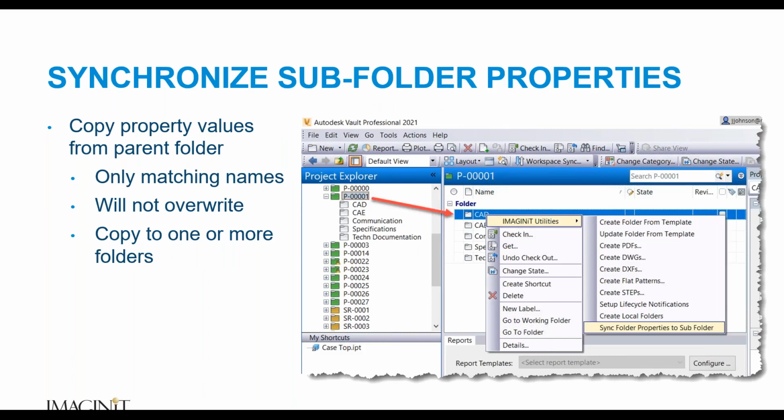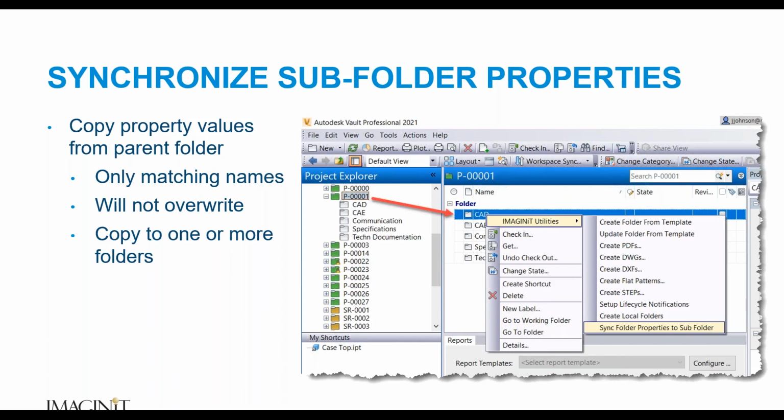Next we have synchronized subfolder properties. If we have a top level folder that we have filled in properties for on a specific project, things like project number, client, location, those property values can be synchronized or extracted and pulled into subfolders. We can do that for a single folder at a time, or do multiple folders and have all those properties pulled in automatically.